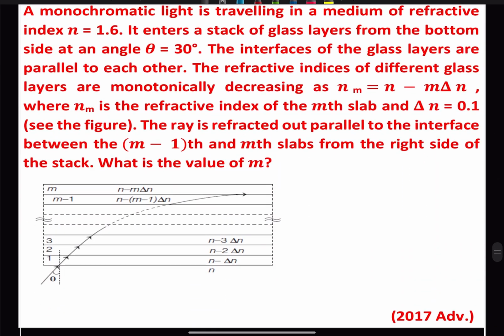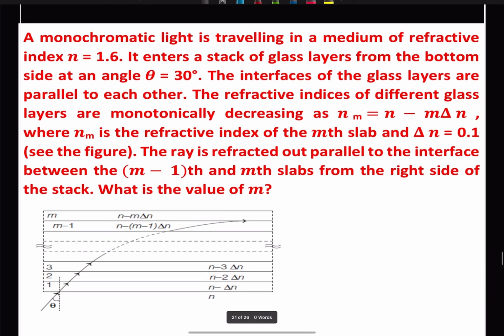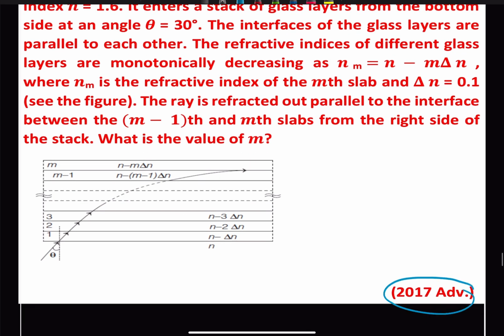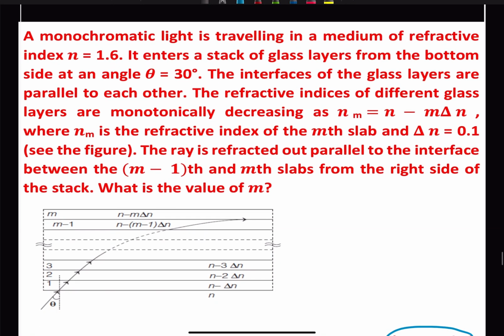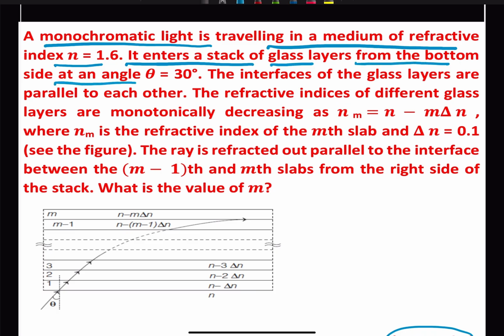We come to the next question, and here it was asked in JEE Advanced 2017. It states that a monochromatic light is traveling in a medium of refractive index n equal to 1.6. It enters a stack of glass layers from the bottom side at an angle theta of 30 degrees. The interfaces of the glass layers are parallel to each other.